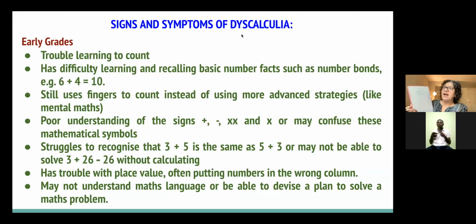And then the commutative property of addition: 3 plus 7, 6 plus 4, 4 plus 6, 5 plus 5, 8 plus 2, 9 plus 1. What is the common answer to this? This is all 10. So they will find it difficult to grasp this concept.